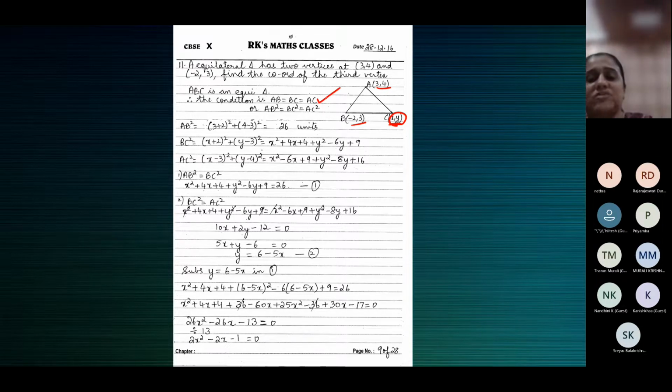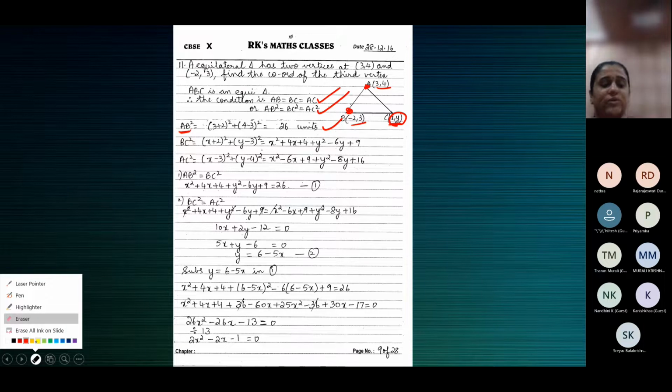So that means AB square is equal to BC square is equal to AC square. Now let us find them separately. We are going to equate, but let's find separately what is AB square. (x2 minus x1) the whole square plus (y2 minus y1) the whole square. So we should use the coordinates of A and B and find AB square. Similarly, find BC square and AC square.